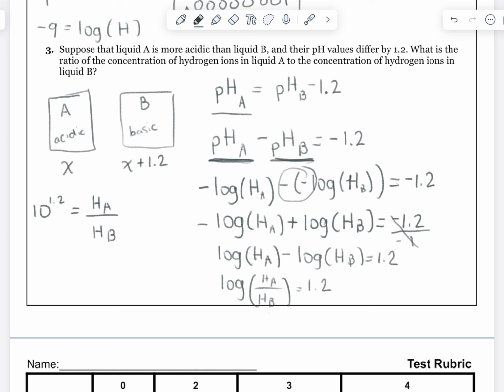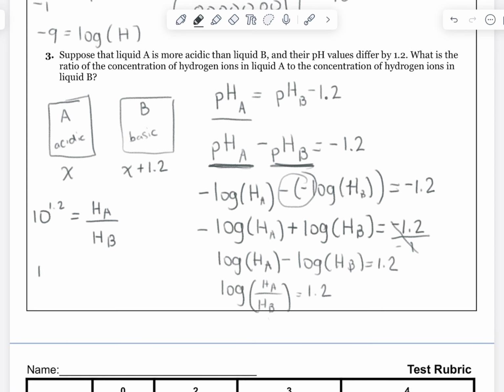We get 15.8489, which is equal to H sub A over H sub B.